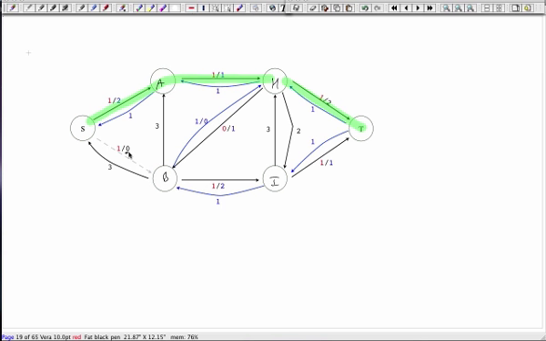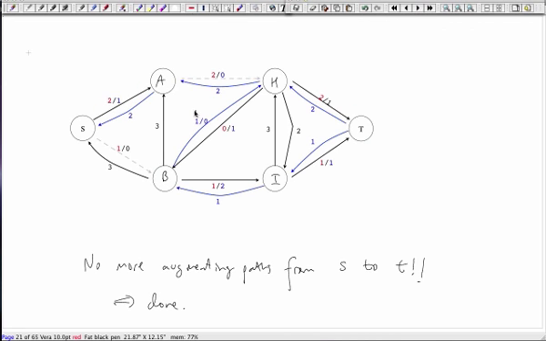So we gray it out because we can no longer use it. It's as if it's not in the graph. This is a residual. Yes, this should also be grayed out too. Yes, you're right. Good.